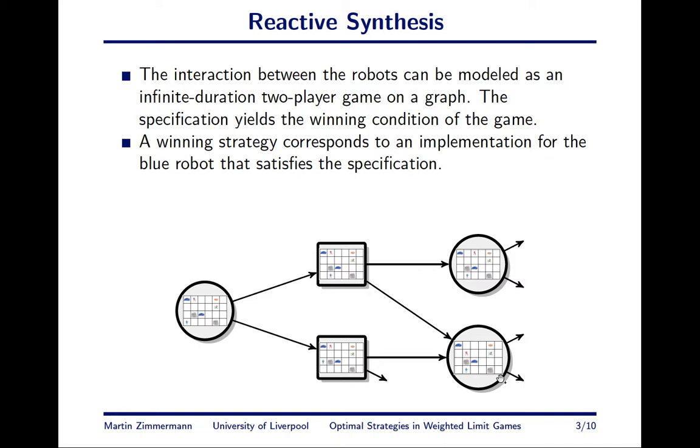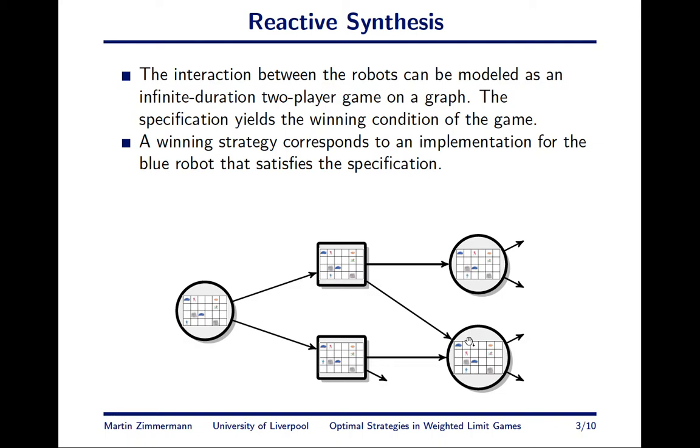The specification tells us which plays are winning for player 0 and which ones are winning for player 1. What we're interested in is a strategy, that means a recipe that tells us how to move the token in a way that we enforce a win. So no matter what the other player is doing, we only produce plays that satisfy the specification. This is the general setting of the problem we're interested in.